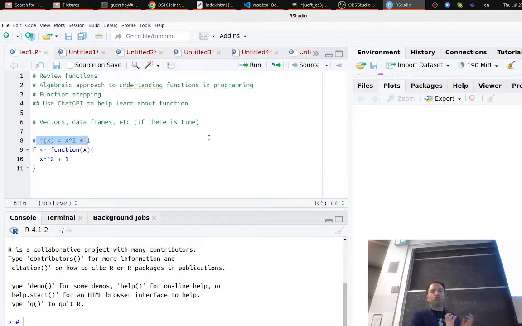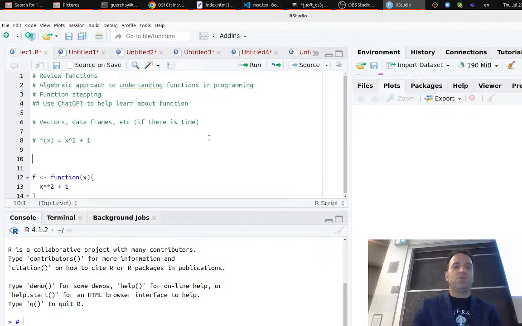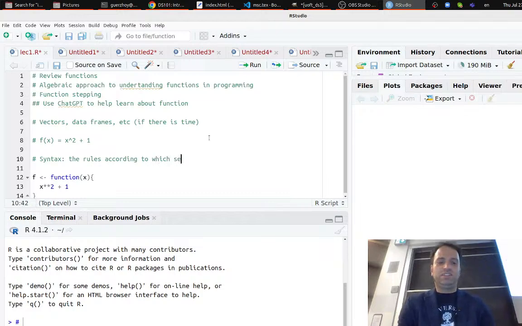If you're just starting out with programming, like I mentioned before, it's a bit of a switch to a situation where if you don't get the syntax exactly correct, it just won't work. Syntax comes from linguistics originally. The rules according to which sentences are constructed in language.